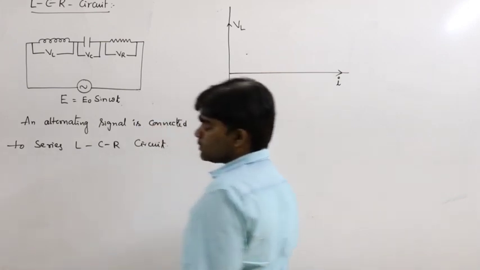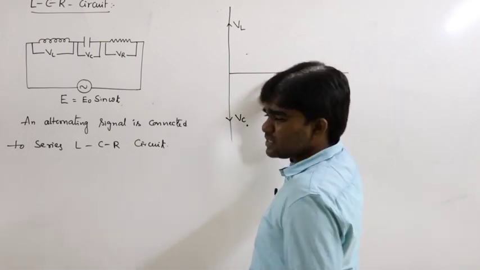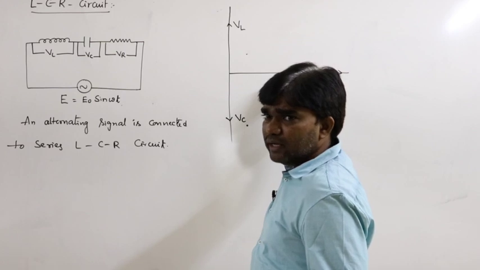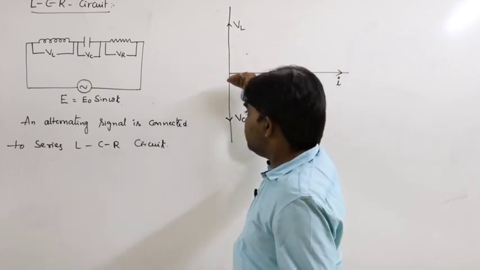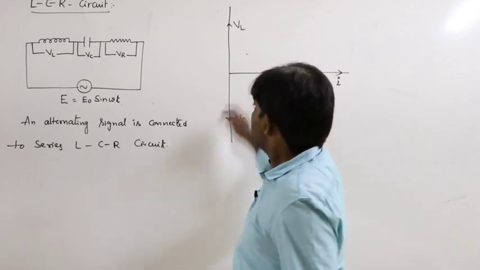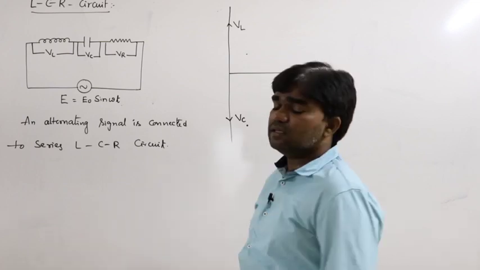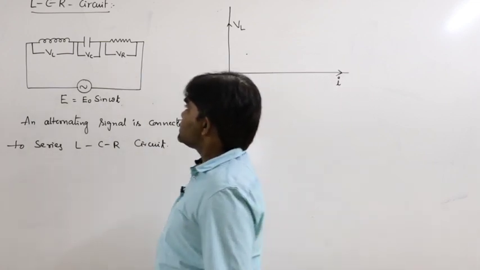That's why I am representing Vc like this. Let us say this positive x-axis is the current direction. If the EMF leads, then that is positive y-axis. If the EMF lags by an angle 90, then that is negative y-axis. This is positive y-axis and this is negative y-axis.